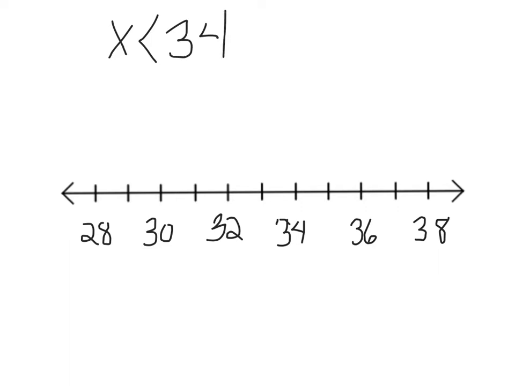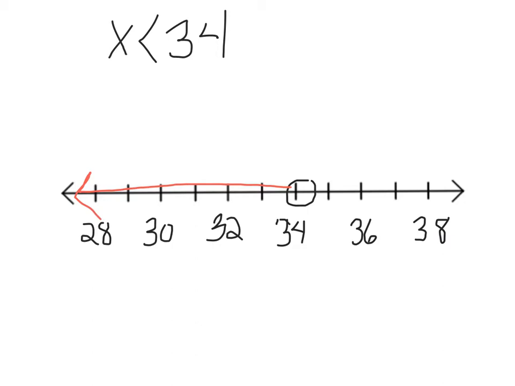We don't know what x equals, but we know that it's less than 34. It's not 34, so we're going to circle 34 and leave that open because we know it's less than that number. And then, since it's less, we're going to draw an arrow going to the left. It's including all of these numbers along the way.